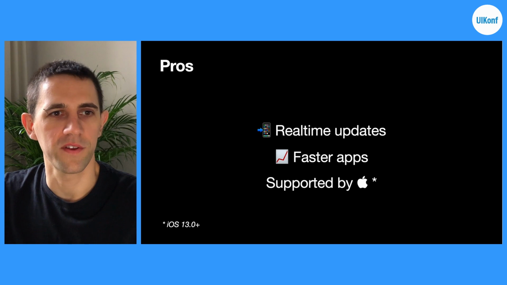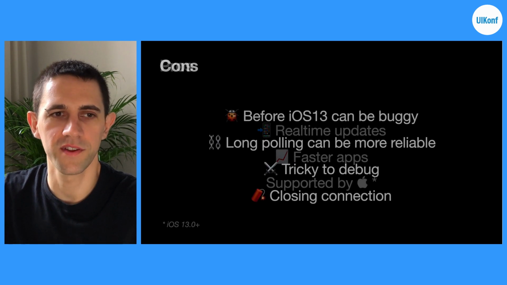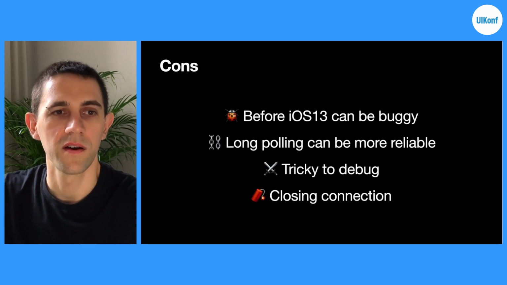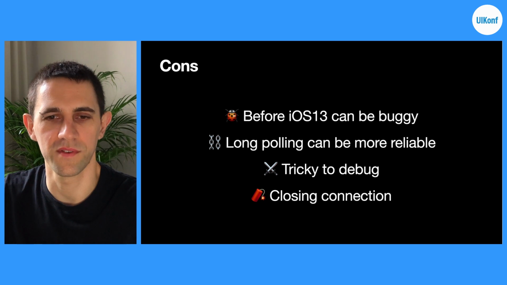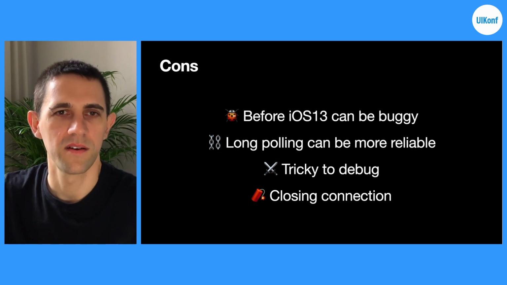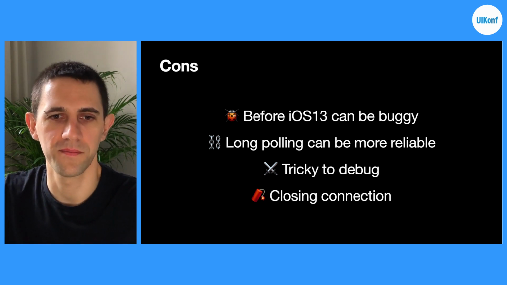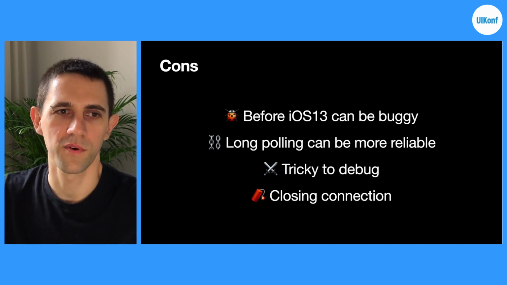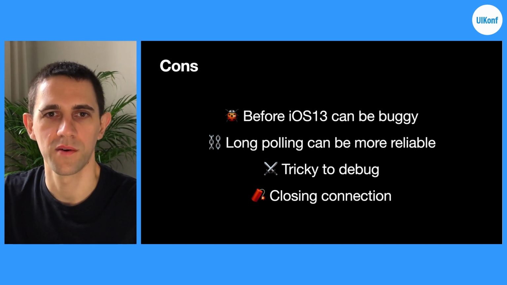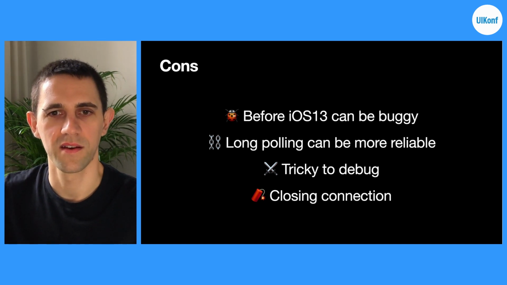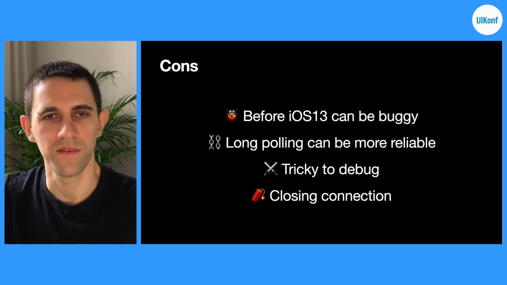And now a couple of downsides. Before iOS 13, if you still support it, it can be quite buggy because of the CFNetwork framework. And when you have these issues, it's really hard to debug because we don't own that code, so we don't know what's happening. Long polling actually can be more stable and more reliable than WebSockets, because when we close the HTTP connection, we know it.